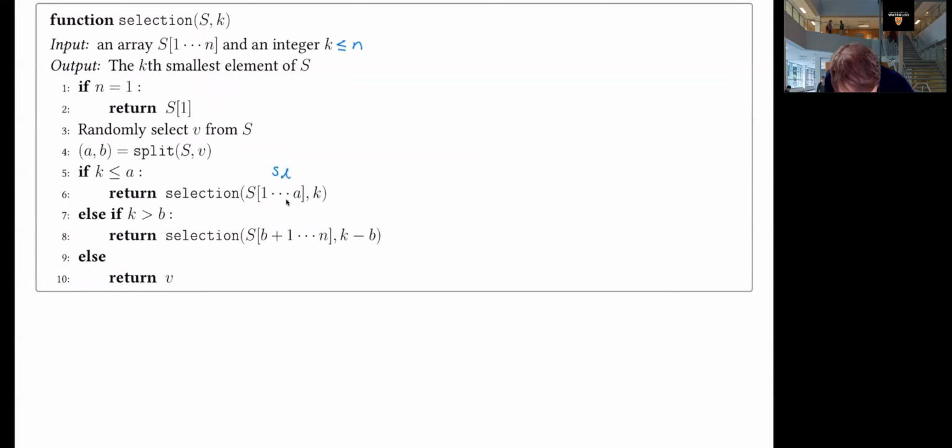Otherwise, if K is bigger than B, then we search in S right, and this here is K minus S left minus SV, right? And otherwise, we're in that one other case, and we return just V because the element lies in SV.